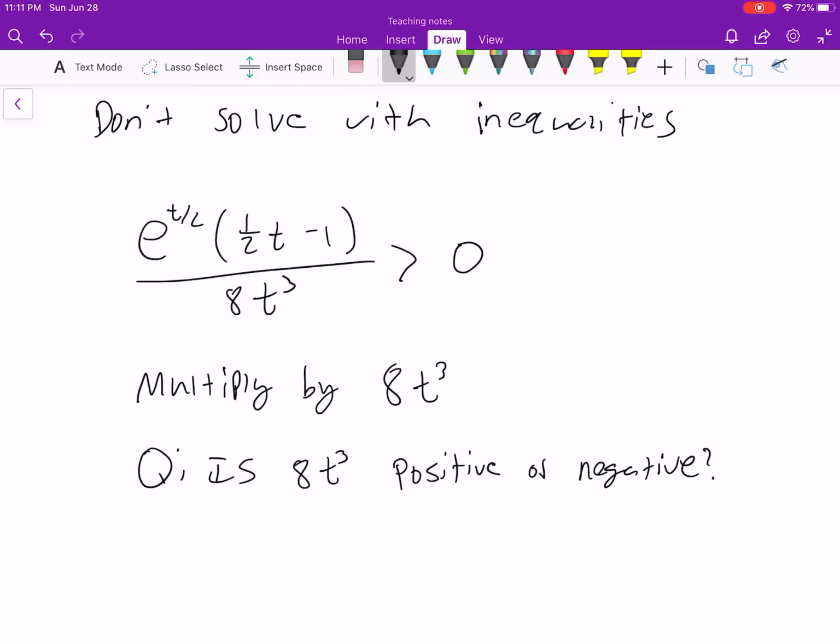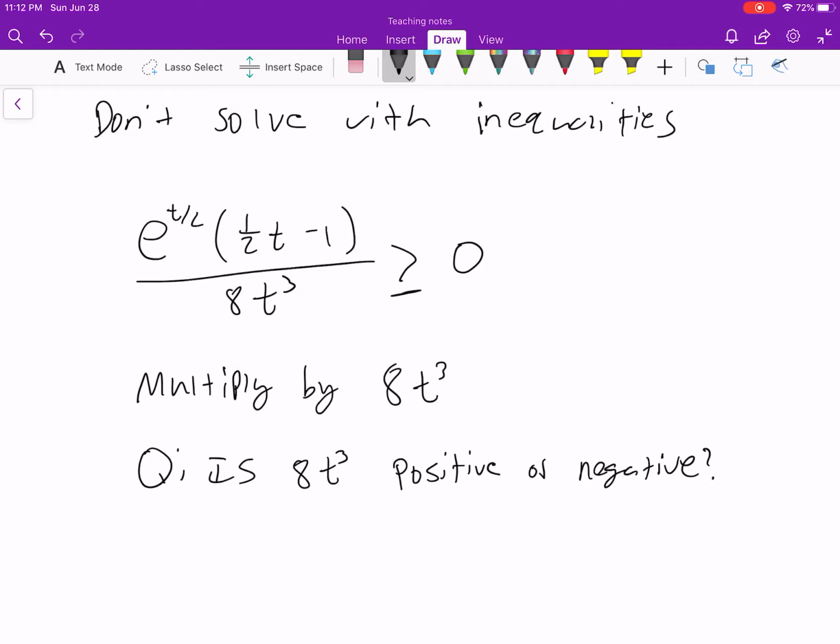You have to now break this up into two cases. Is t positive or was it negative? If t is greater than 0, I can multiply the inequality without worrying about the inequality changing direction. But if t is negative, then t cubed will be negative, is what I'm getting at. And when I multiply an inequality by a negative number, I have to flip the direction of the inequality.